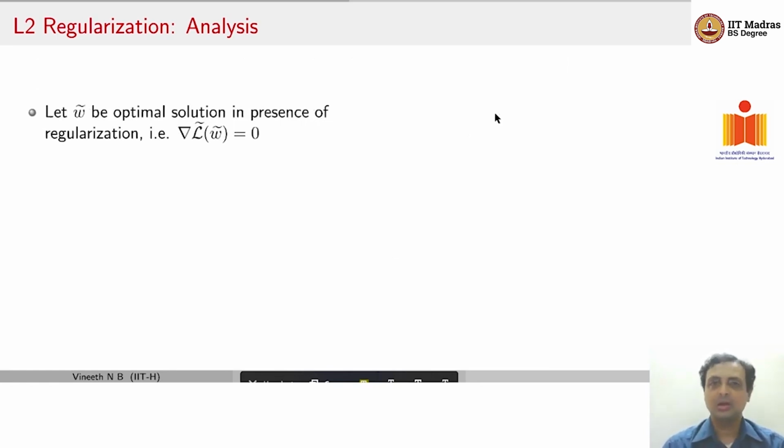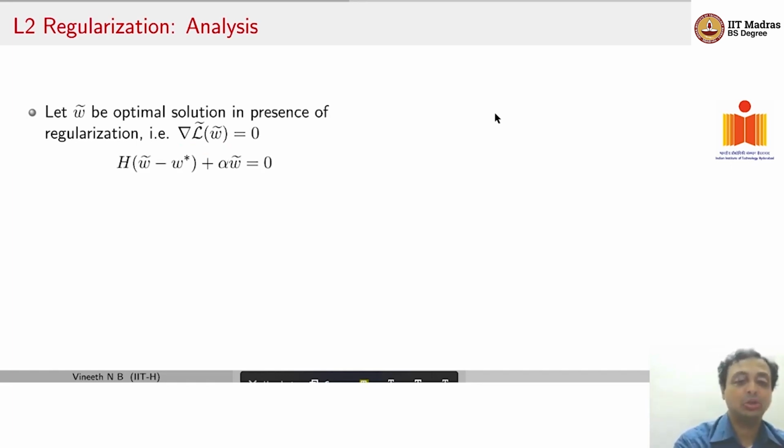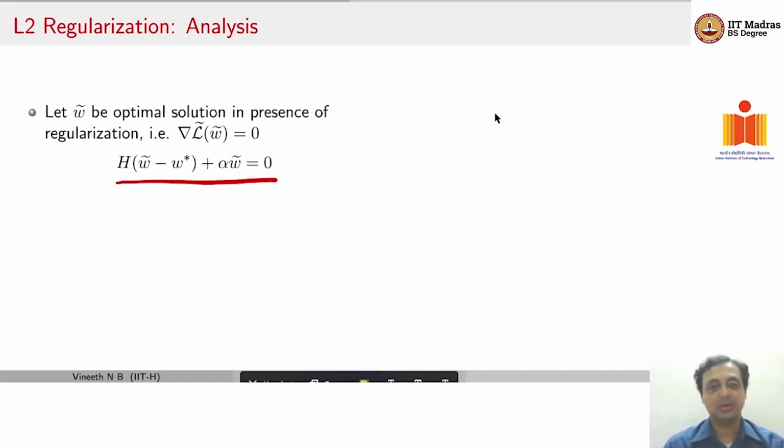Let's now consider w tilde to be the optimal solution in the presence of regularization, which means grad of L tilde (w tilde) is going to be 0, which means H (w tilde - w*) plus alpha w tilde is equal to 0, because we just showed on the previous slide that grad of L tilde can be written this way.